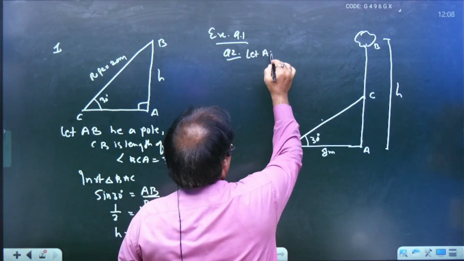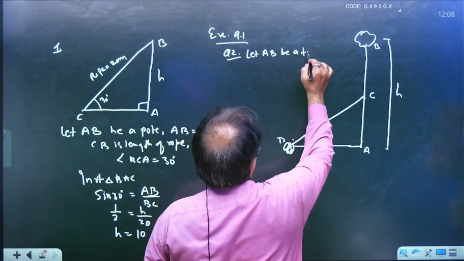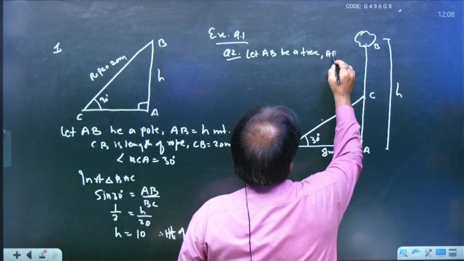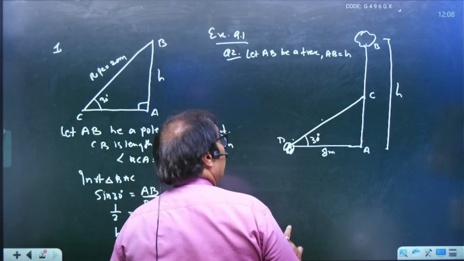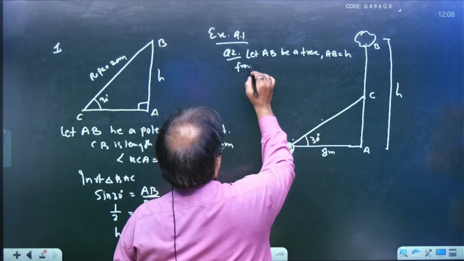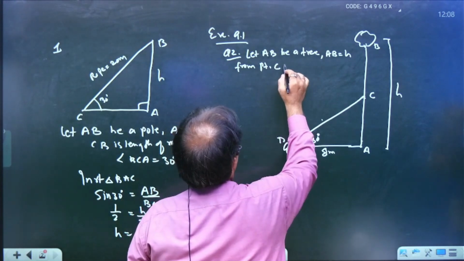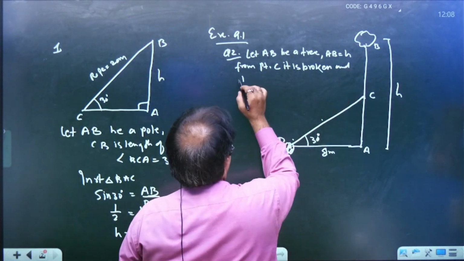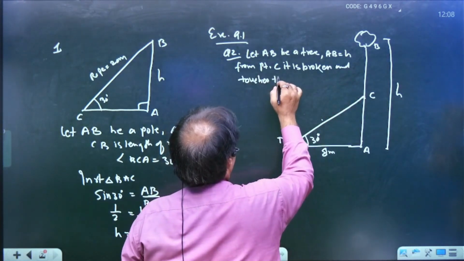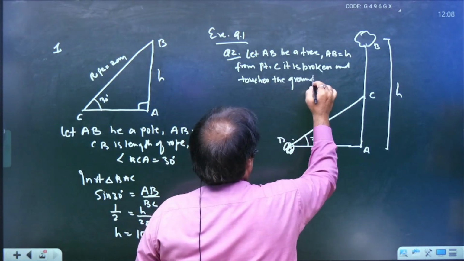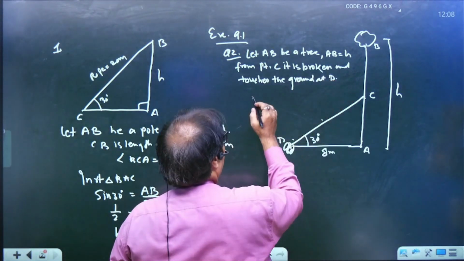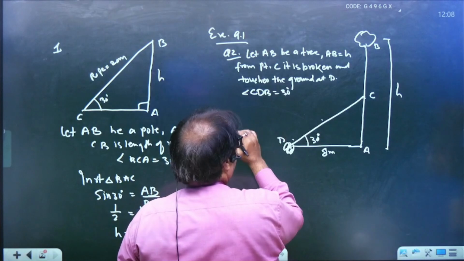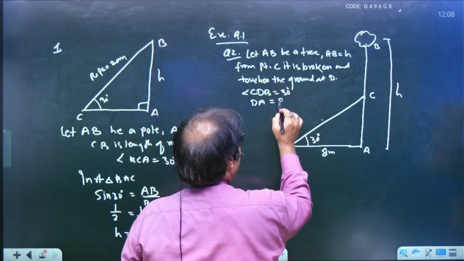Let AB be a tree, and such that AB is equal to H. Okay, and from point C it is broken and touches the ground at point D, and such that angle CDB is equal to 30 degree, and the distance DA is given 8 meter.